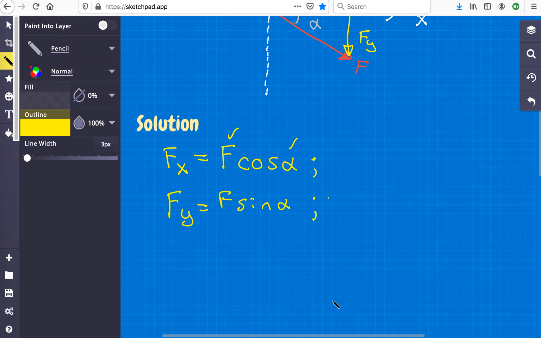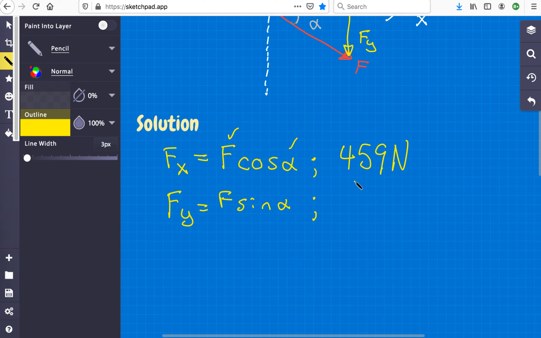And we can say that 600 times the cosine of negative 40 is going to be equal to 459 newtons. So this is the answer, but we're not done yet.